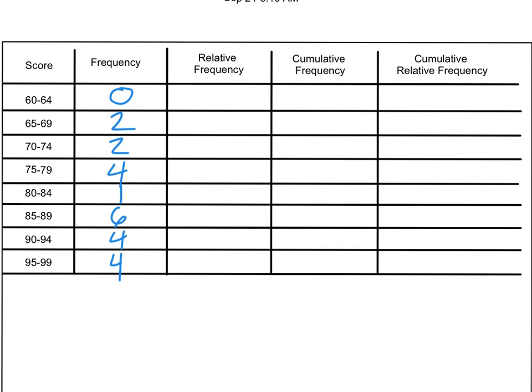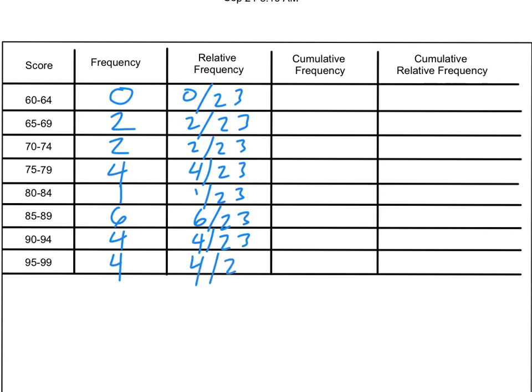Now when we say relative, we're just now saying back to the whole. 2 out of 23, 4 out of 23, 1, 6, 4, and 4. Now, cumulative means to add them up as we go.